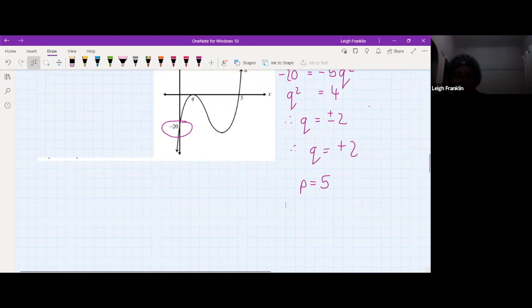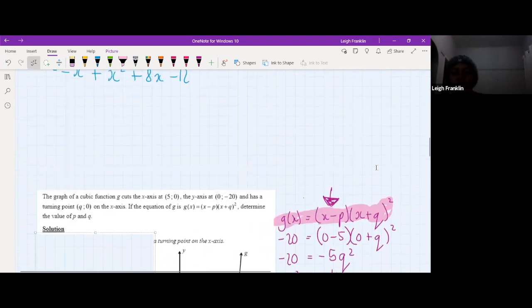What's everybody else saying? Oh, now this is interesting. Some people say 5, some people say negative 5. Oh, why are they saying negative 2? P is 5. Why do they say negative 2? We said positive 2.